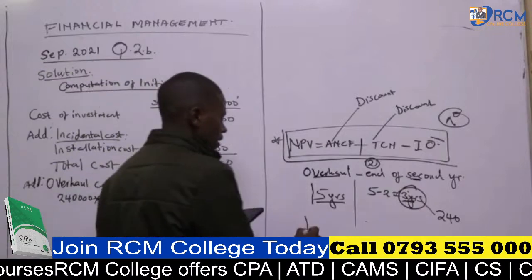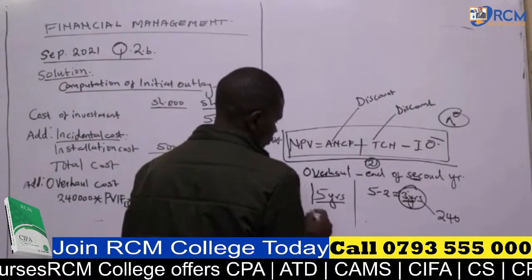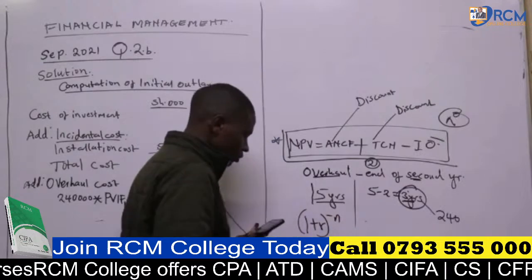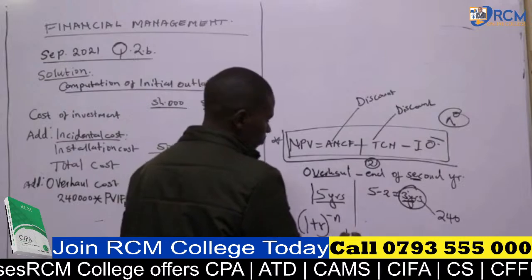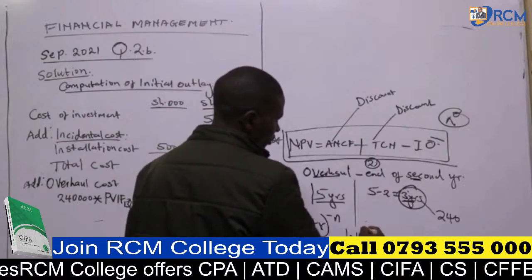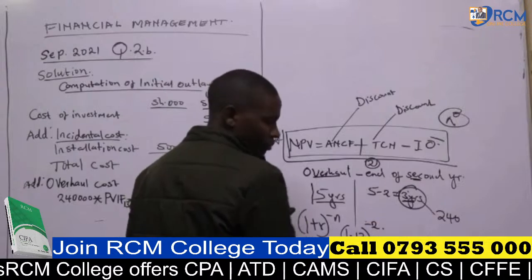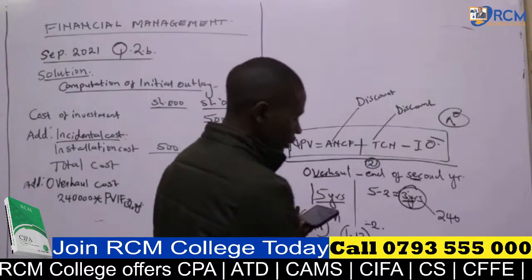Remember the 1 plus R raised to negative N. So it will be 1.13 raised to negative 2. How much are you getting here?